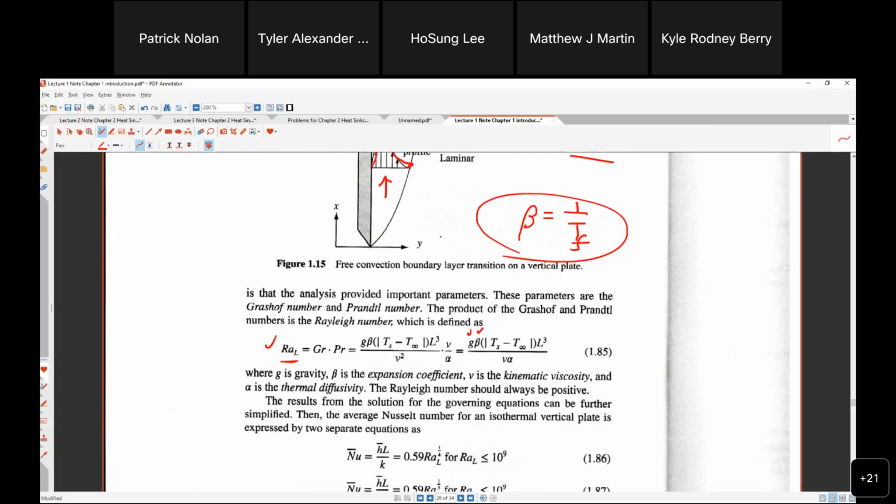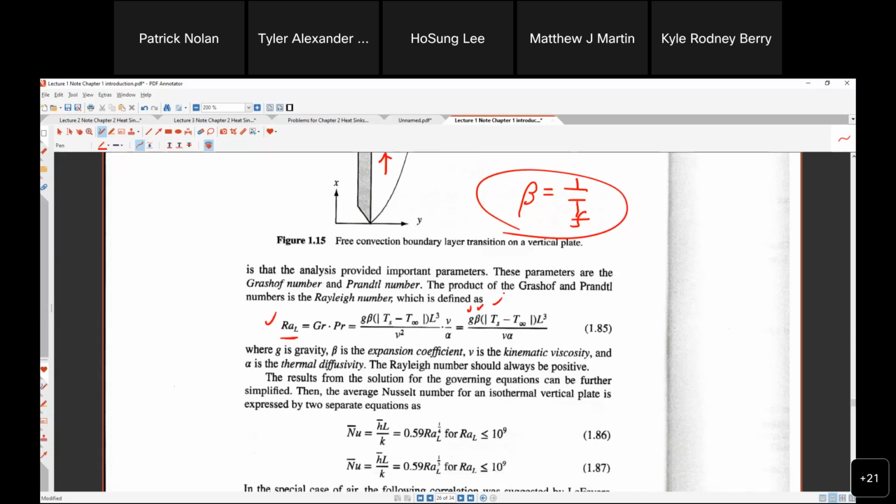For an ideal gas, you can use it, so you don't have to look up beta in the property appendix. You can just calculate the inverse. Otherwise, temperature of surface, ambient, L, kinematic viscosity, and thermal diffusivity.